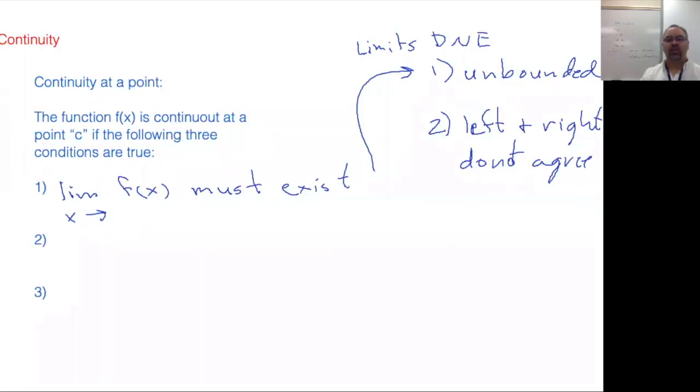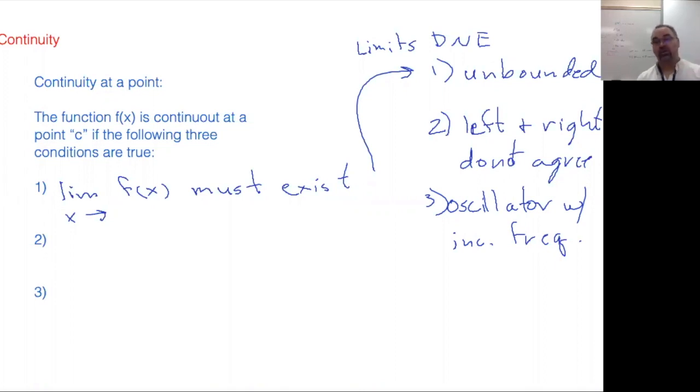It's pretty specific to trig functions, but it's the oscillator with increasing frequency. I always like to use cosine or sine of 1 over x as an example. As you get close to 0, that function just starts to oscillate really, really fast, and there's no way to nail down where that limit is actually approaching.